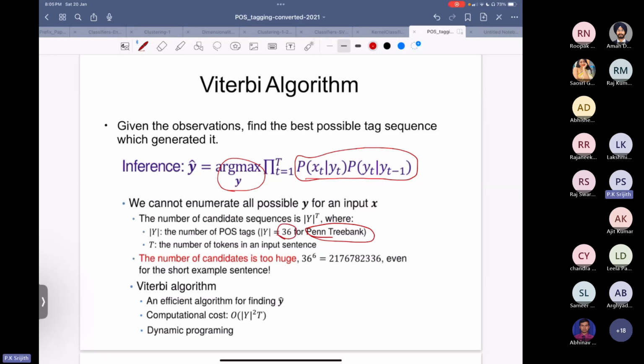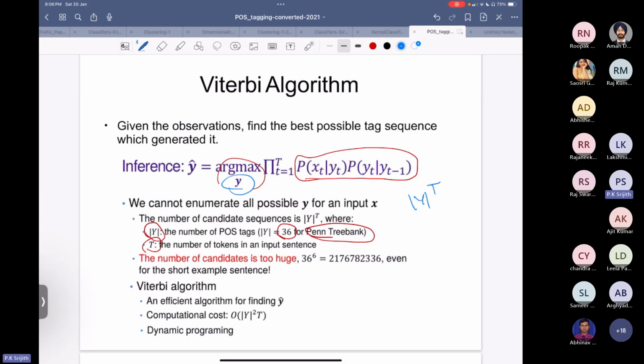So if your sentence length is something like T, and the number of different part of speech tags in the corpus is something like Y, then the number of different y sequences that you have to consider here is going to be something like Y raised to T, right?